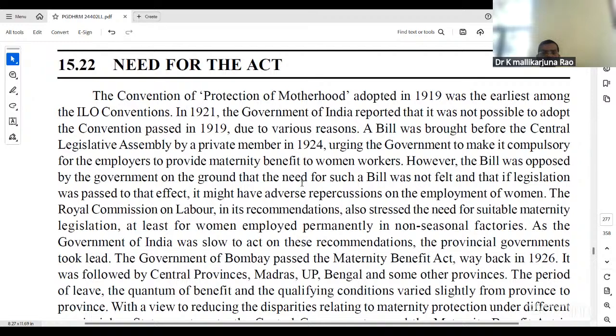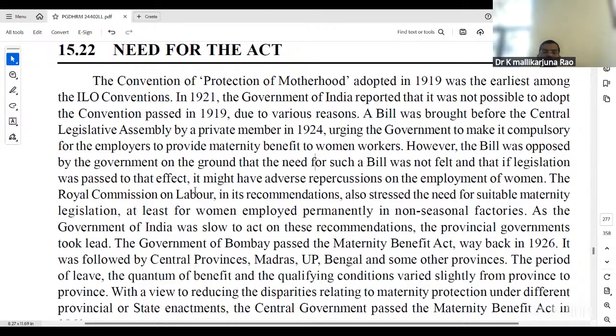However, the government opposed the bill on the grounds that such a bill was not needed, and that legislation passed to this effect might have adverse repercussions for the employees.